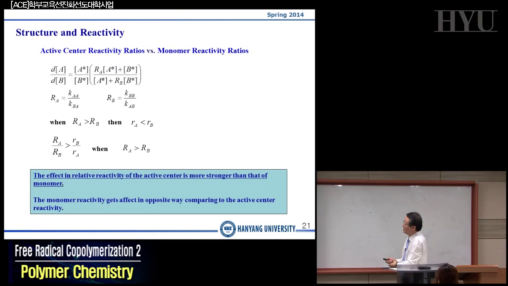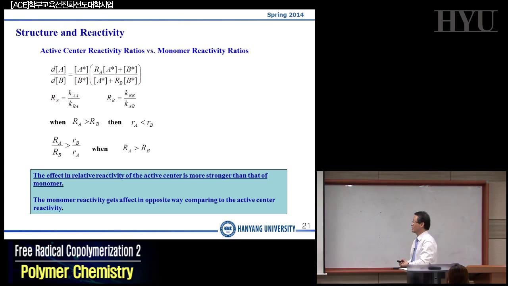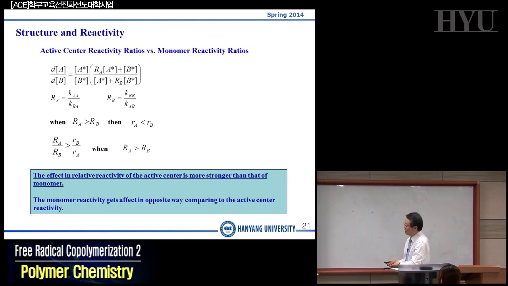This was defined as the active center reactivity ratio of copolymerization. So the relative reactivity of the active center has a much stronger influence than the monomer reactivity ratio. The large R ratio is always greater than the small R ratio. This is what we have also concluded in this case.